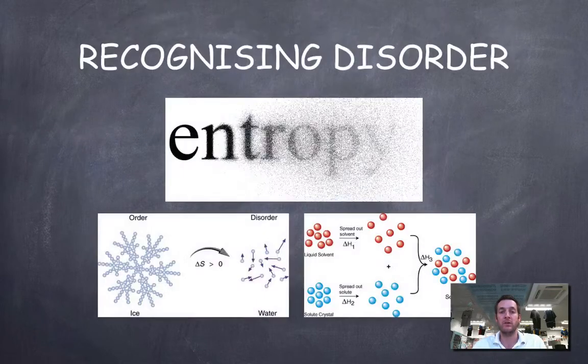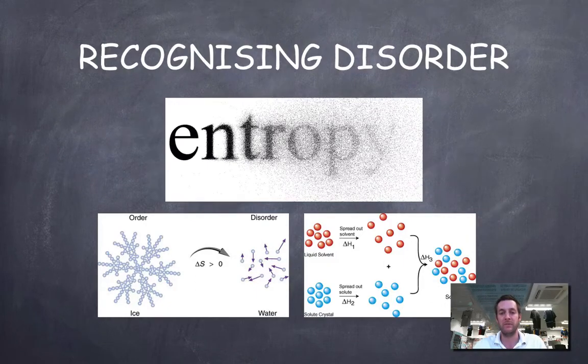If we try to recognize disorder in chemical systems, we might consider how the particles are arranged for a start, because we don't really need to go down the energy road with disorder in the higher level energetics topic. But we do need to be able to think about how ordered particles are.